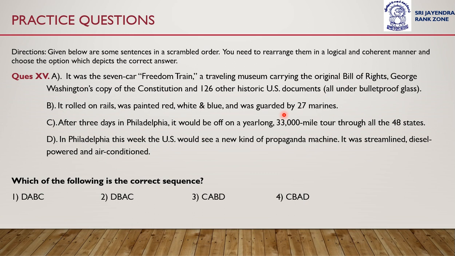It rolled on rails, was painted red, white, and blue, and was guarded by 27 Marines. After 3 days in Philadelphia, it would be off on a year-long 33,000-mile tour through all the 48 states. In Philadelphia this week the US would see a new kind of propaganda machine. It was streamlined, diesel-powered, and air-conditioned. So, according to you, what do you think is the opening statement?